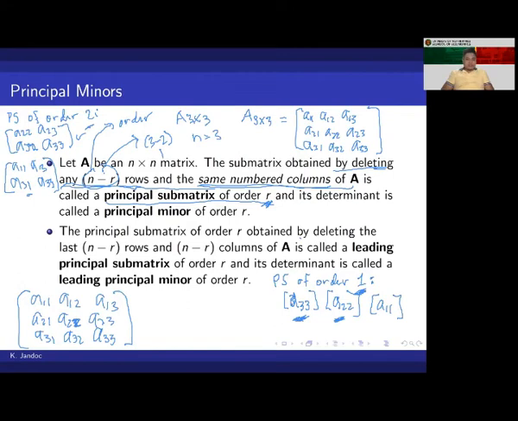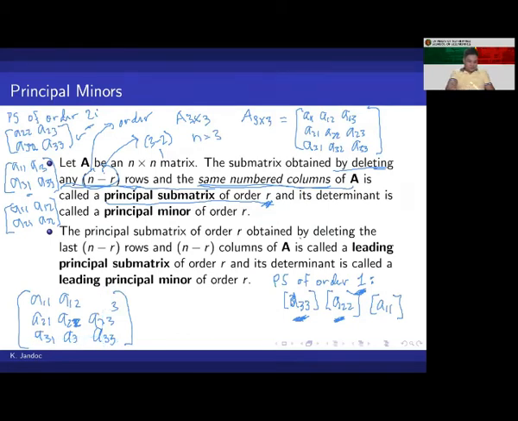Of course the other one is when we delete the third row and the third column. So the last principal submatrix of order 2 is A11, A12, A21, A22. Great. Those are the principal submatrices of order 2.